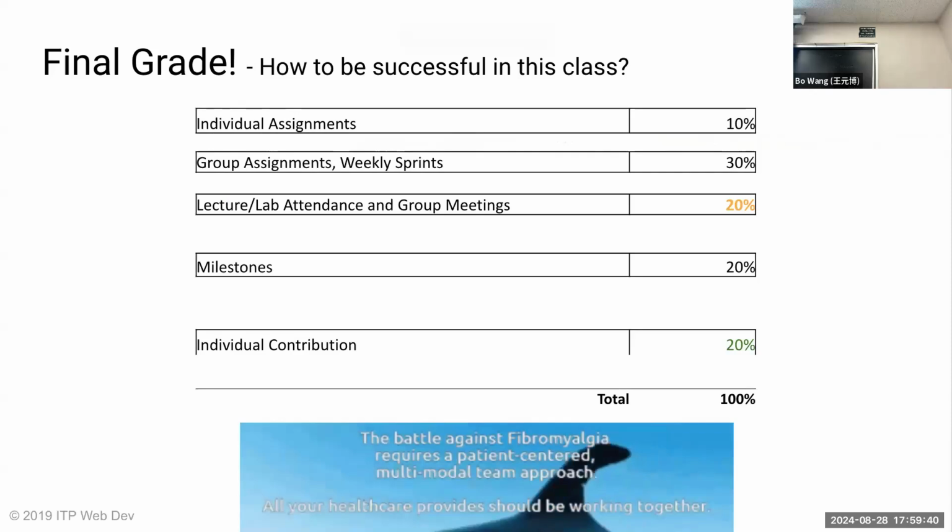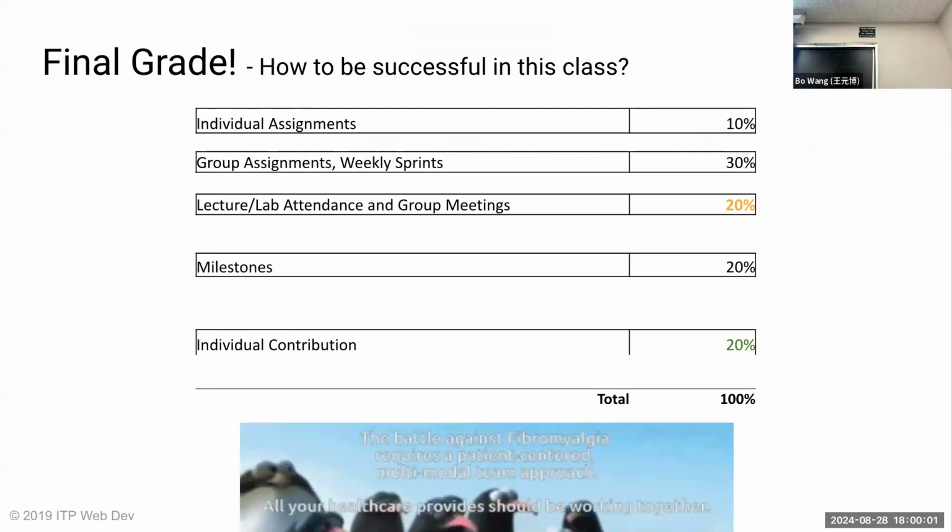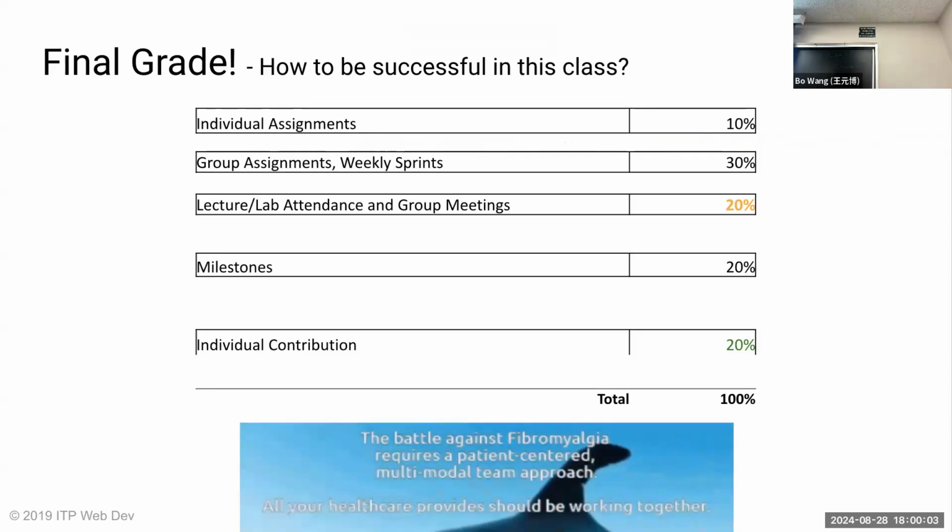So here are your grades, right? Individual assignments take up about 10% of your grade, and then group assignments and weekly sprints make up about 30% of the grade. Lecture attendance makes up about 20%, and group meetings, milestones are 20%, individual contribution is 20%.